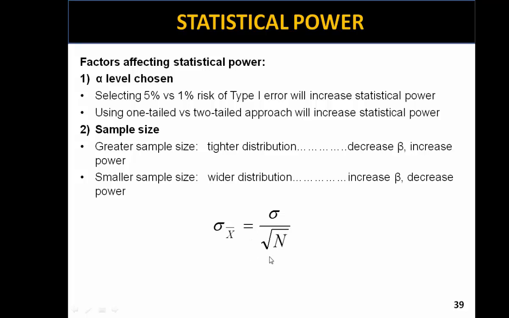And so the key thing in examining this equation is that if our denominator value gets larger and larger, so if we move from n of 30 to 40 to 50 to 100, this value gets bigger, this value gets smaller.